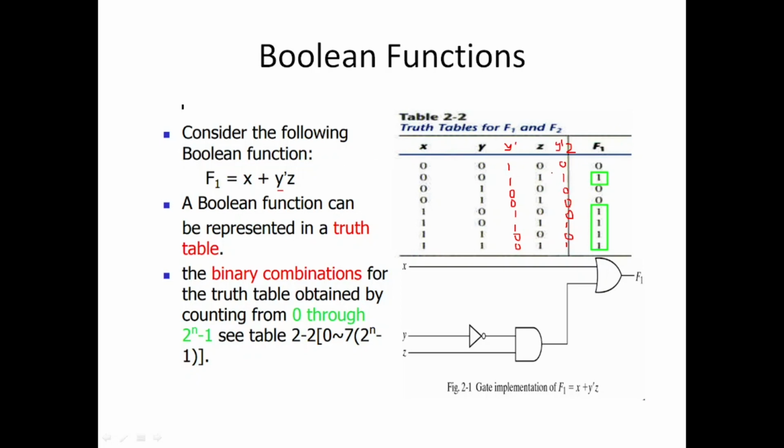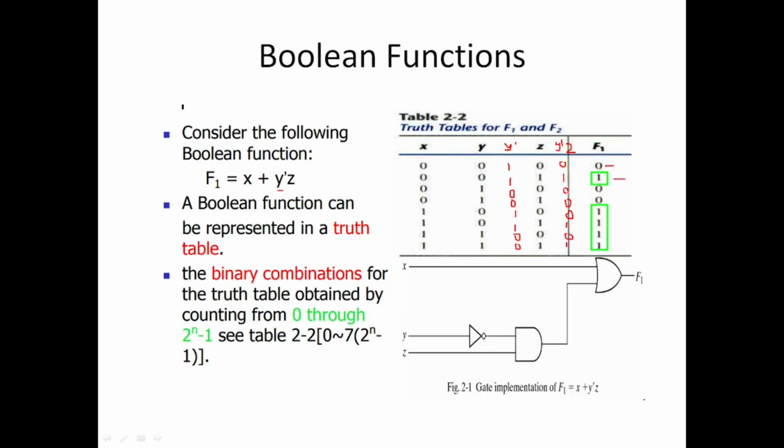And what is x plus y dash z? It is the final function f1. So we perform the OR operation with x and y dash z. 0 or 0 is 0. And 0 or 1 is 1.